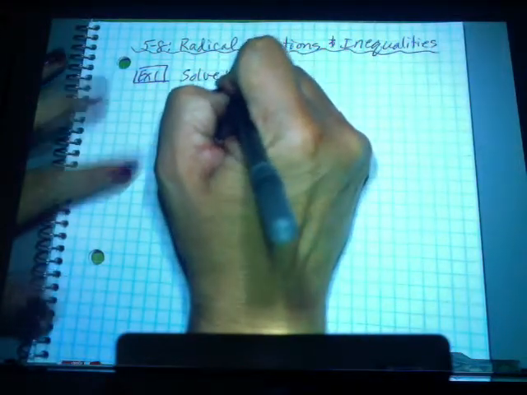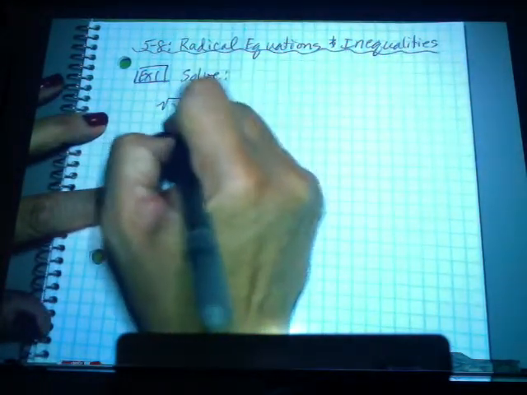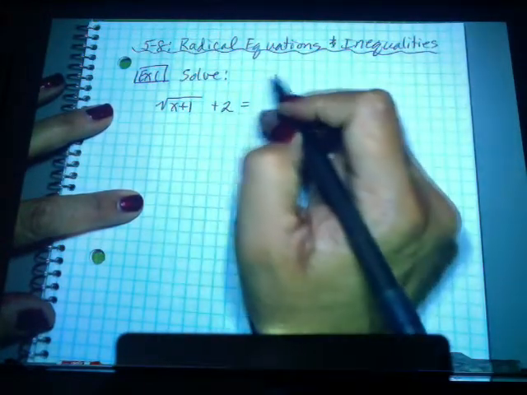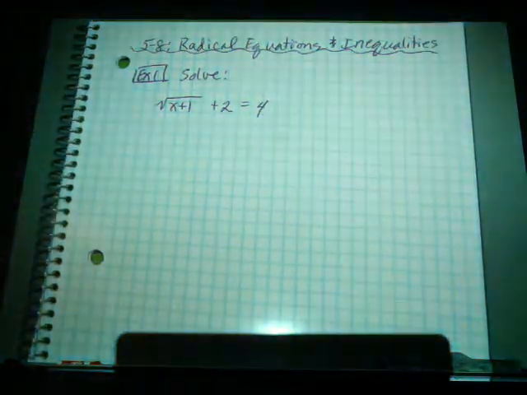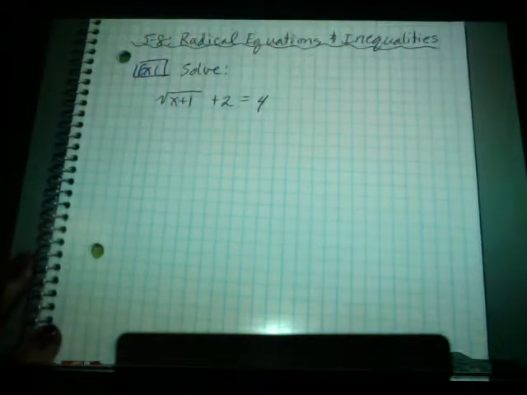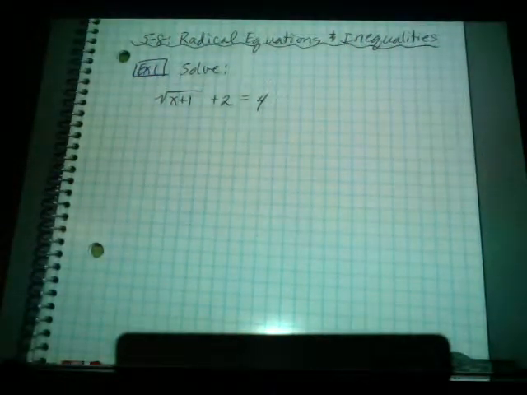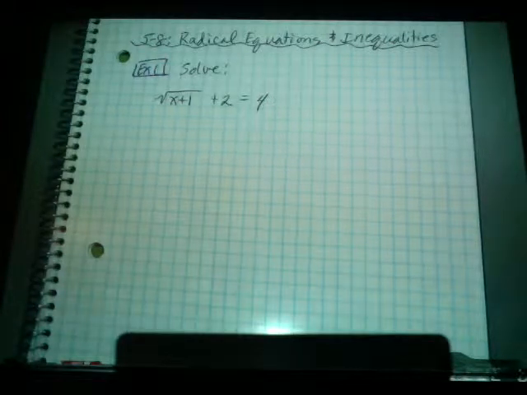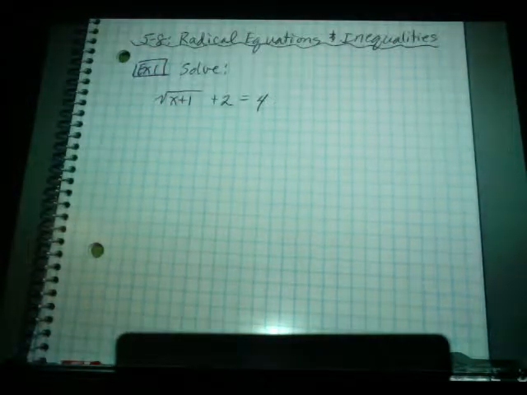So this should be a repeat. Do this one on your own: the square root of x plus 1, plus 2 outside the radical, equals 4. So this was from, what, 11-3? Do that one on your own. What do you have to remember to do? Subtract that 2.